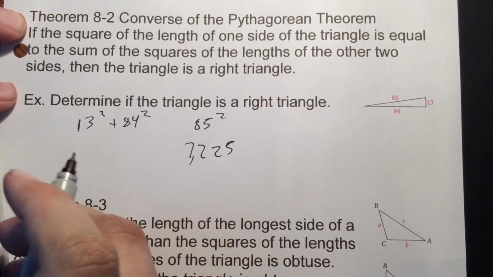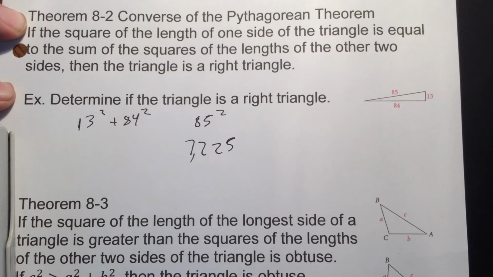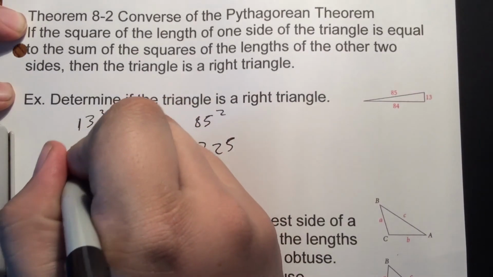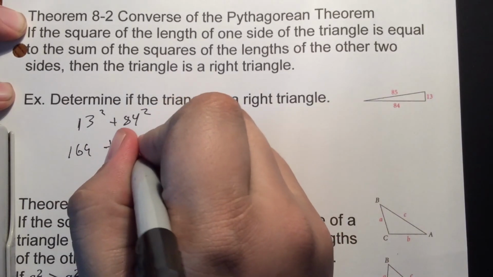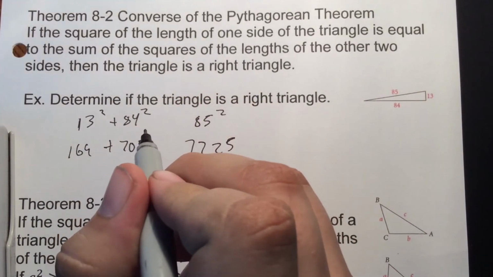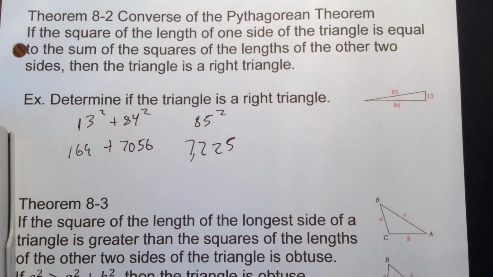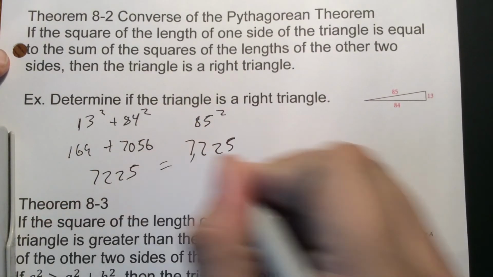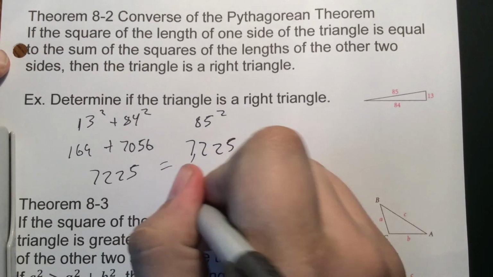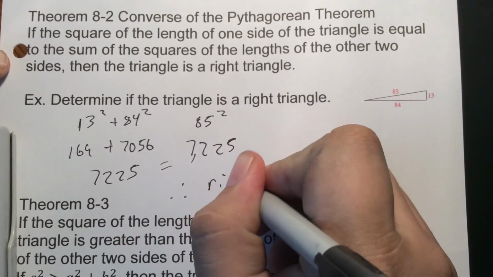So if we do 13 squared, we get 169. 84 squared would be 7056. And if we add those two together, we get 7225. Therefore, those are equal, which means it's a right triangle.